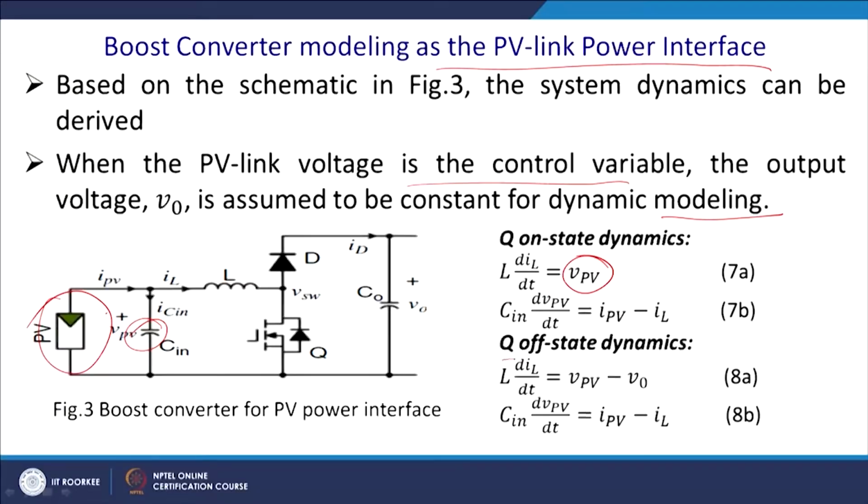In the Q off state, L dIL/dt equals VPV minus V0, and CIN dVPV/dt equals IPV minus IL. So, here are the equations. You have a couple of equations corresponding to the on state of this converter, and equations 8a and 8b are for the off state of the converter.